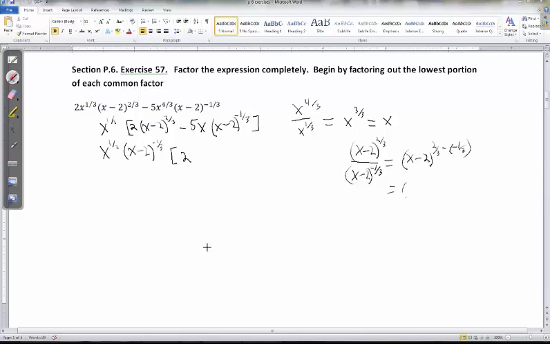So again, we will end up with three-thirds, and that will be just x minus 2 to the 1. So this is going to be x minus 2. Then let's have the minus 5x. And I divided out x minus 2 to the negative 1/3, so that factor will just go away completely.